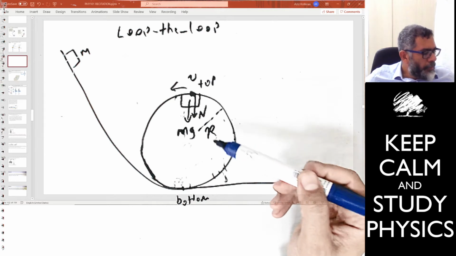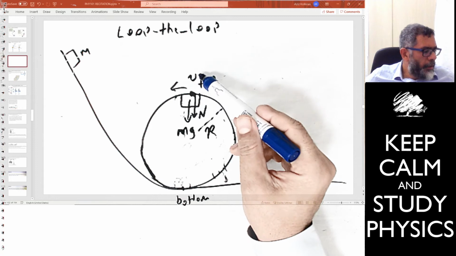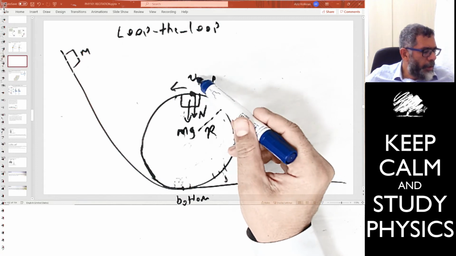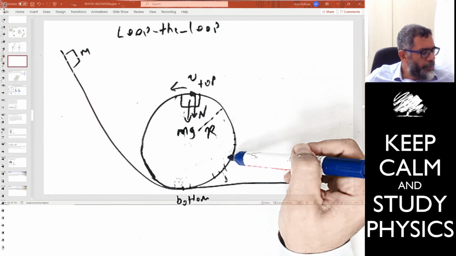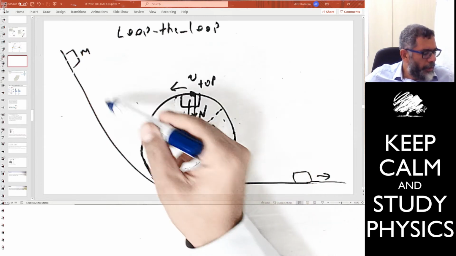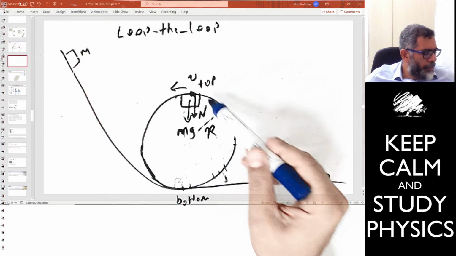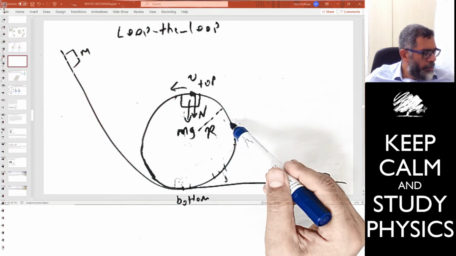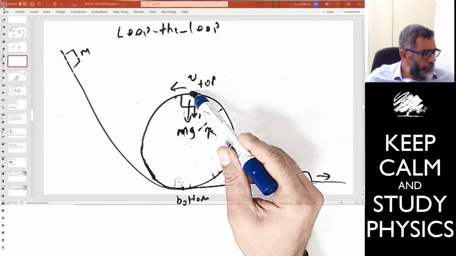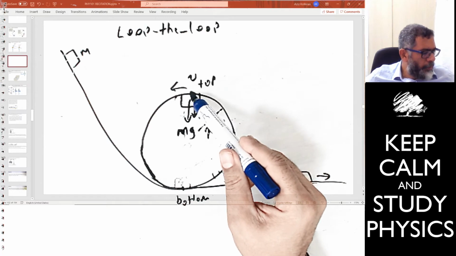Right at this point, the object has some speed. Of course, this speed is changing. It comes over here with a high speed, but as the object climbs toward the top point, its speed decreases. Right at the top, the speed takes a minimum value.